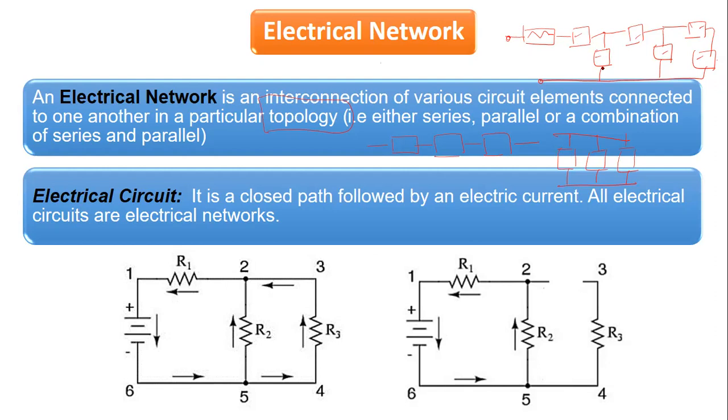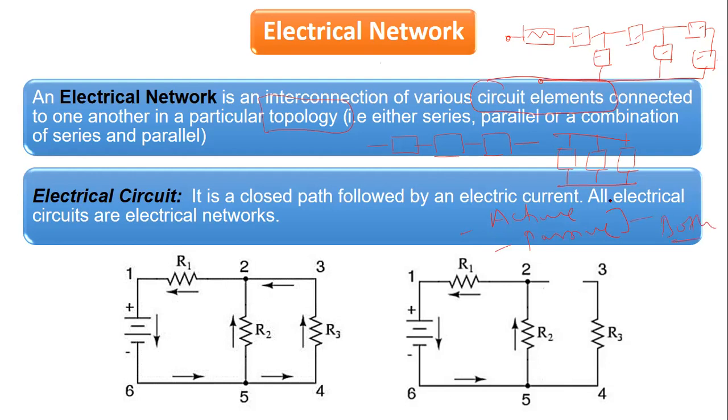In general, we can say that an electrical network comprises circuit elements which are connected to one another in a certain way. We may have the series connection of all the elements, parallel connection of all the elements, or a combination of series and parallel. When we talk about the circuit element, we mean elements which may be active, passive, or both.